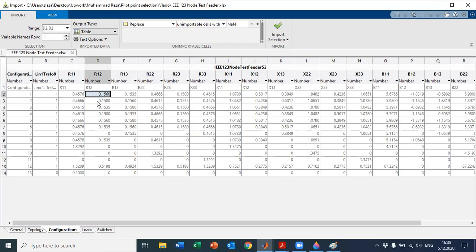If we take a look at phase B, then the resistance of phase B is equal to 0.46666 for configuration 1. So basically, we're just taking a look at R11, R22, and R33 for those three phases. And the same thing goes for the reactances and the susceptance of the network.